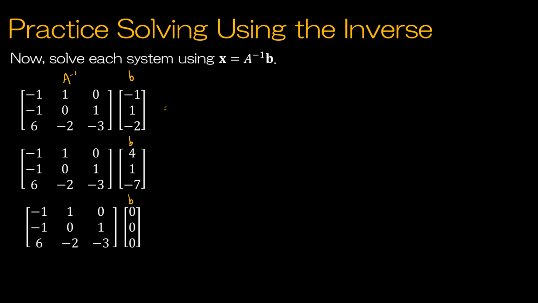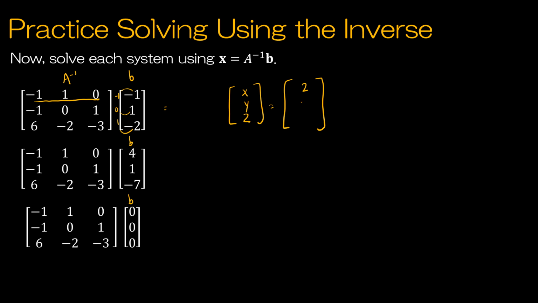So remember, this is x, y, and z. And our result is going to be the results for x, y, and z. So I'm going to take -1, 1, 0 to get 1 plus 1 plus 0, that's 2. To get -1, 0, 1 gives me 1 plus 0 plus -2.